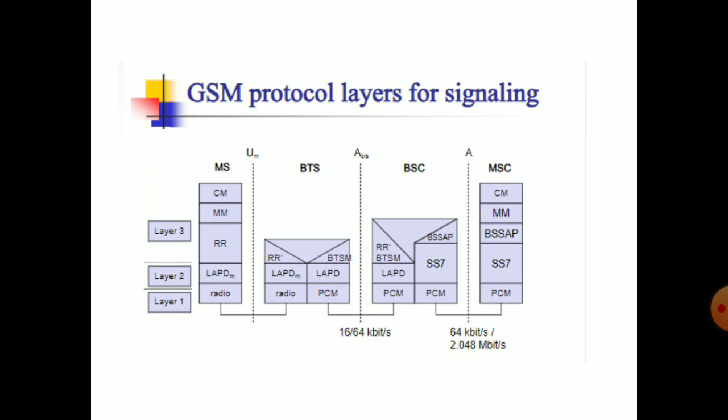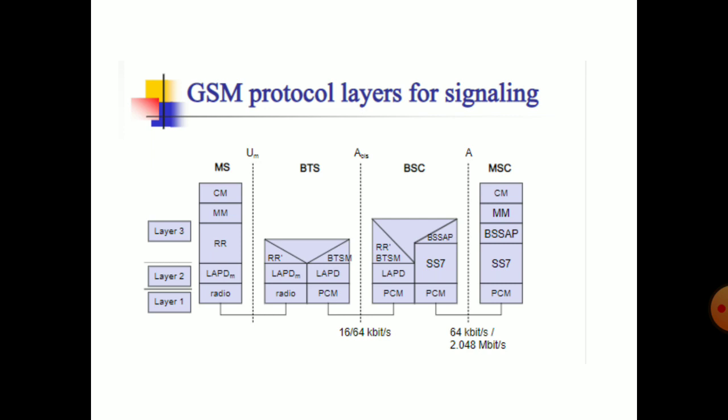Across the interface, the data link layer is a modified version of the link access protocol for the D channel, that is the LAPDm. It is modified from the LAPD protocol used in ISDN, called the link access protocol on the Dm channel.